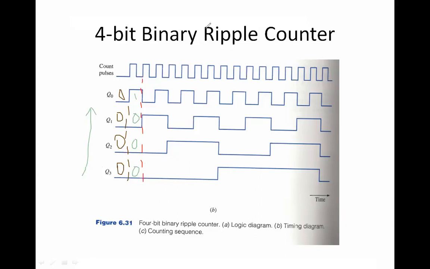So the next value is 2. So how is it 2? 0, 0, 1, 0. Understood?